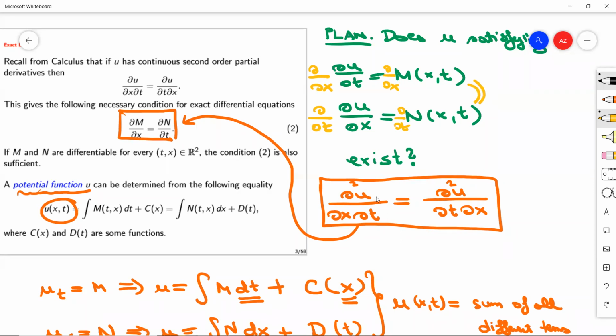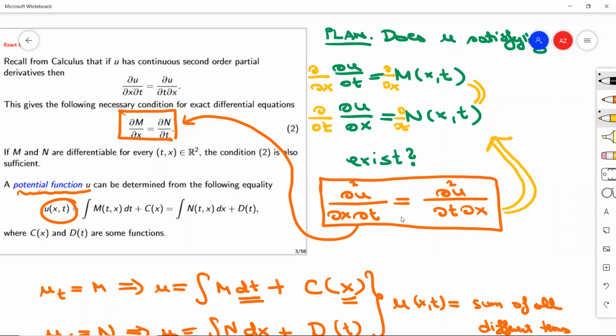So taking the derivative of m with respect to x and taking the derivative of n with respect to t should be the same. This condition implies this equality. For this condition, we need that u is continuous and twice differentiable. Does this answer your question?